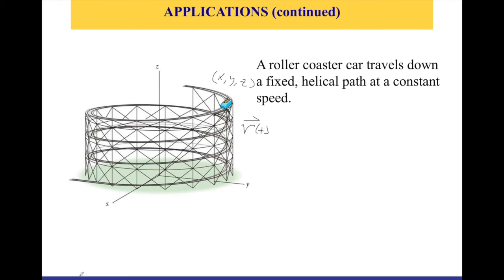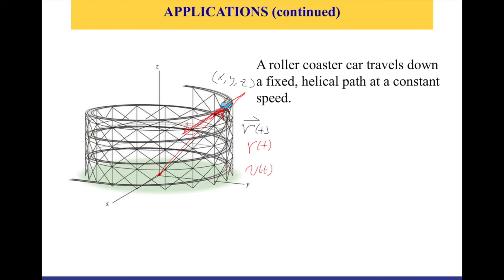Let me change the color quickly. Let's do red. So what I want you to be able to identify is, first, this is the origin of our coordinates. We need to identify a vector, that's r of t, and also we need to identify a velocity vector, v of t, and it should be tangential to the path.